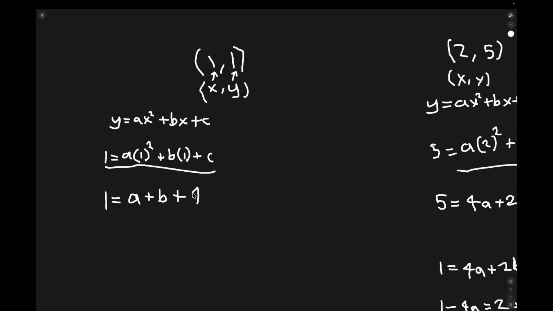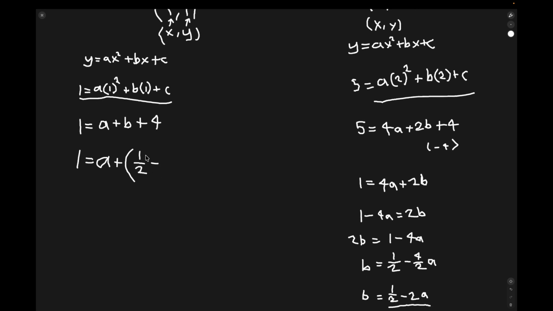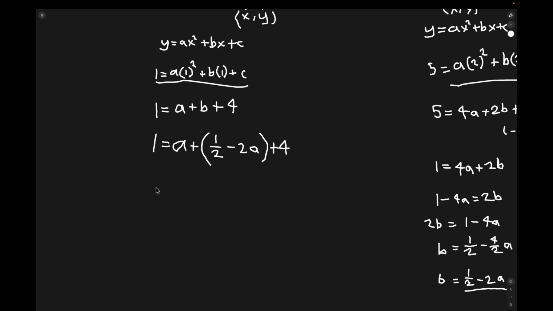Now we swap this b with this expression, so 1 is equal to a plus a half minus 2a, plus 4. So a minus 2a is going to give us negative a.